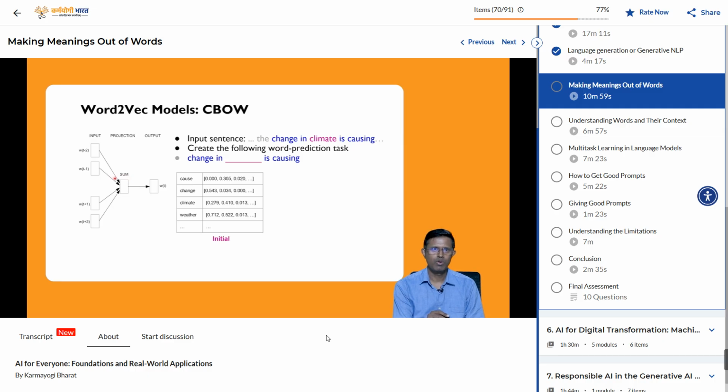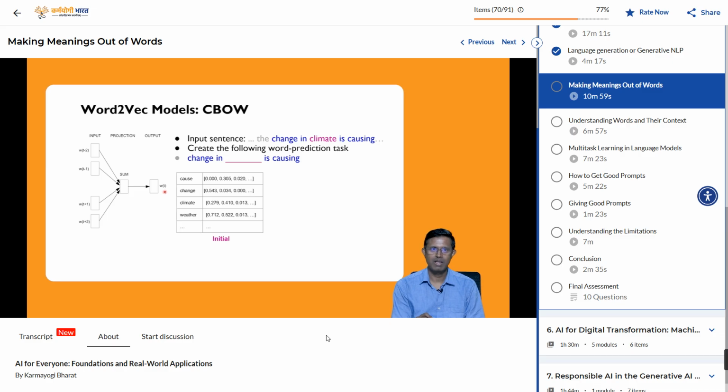We use some kind of model where we pass on the different inputs, that is the 4 different words which we are seeing here, and we pass it to the model which gives us the middle word or a probability of the middle word. Now, the model may make a misprediction, so we try to quantify what is the misprediction.